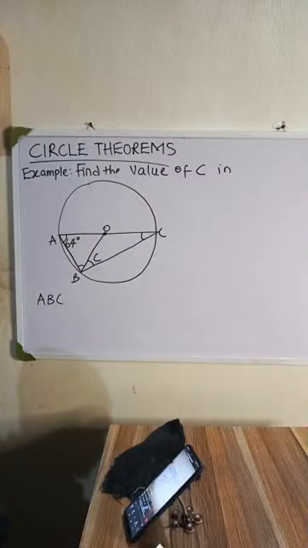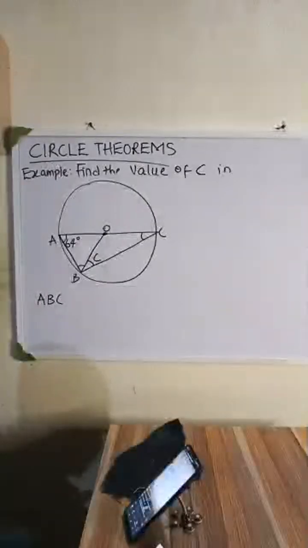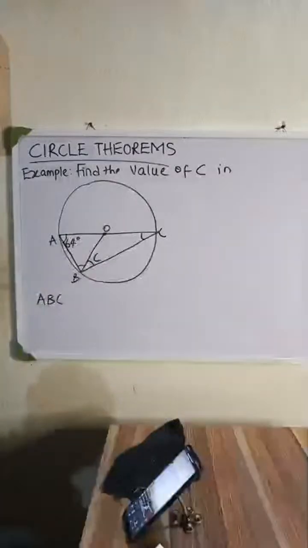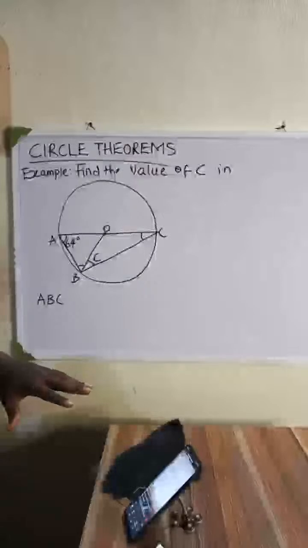Angle at the circumference is twice angle at the center. Your answer seems to be correct, but the principle seems to be wrong. But let's look at it.